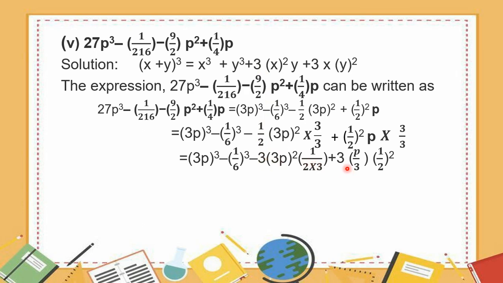Now in the next step, 3 into, now this p and 3, one numerator 3 we can write at front, and this denominator 3 we write with the p, so p upon 3 and 1 upon 2 whole square. Now still there is what we need, one 3 with this p and one more 3, so it will become 6 square.